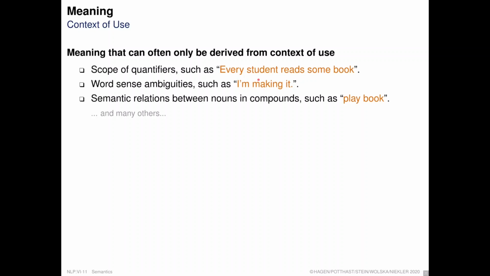Okay, we will not go into details about scope of quantifiers. This is in principle a very interesting area, especially if you think about parsing. We just talked about ambiguous parses, and in principle, a good parser should be able to derive these two meanings with these two different scopes of the quantifier from a sentence such as this one, so that all the possible interpretations are represented.